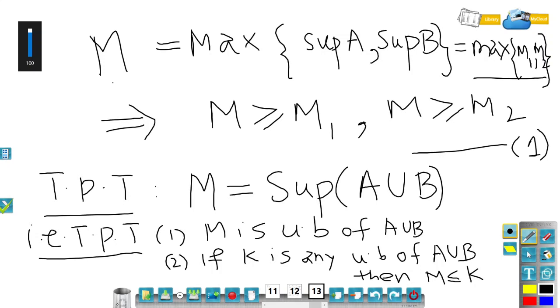So let's prove M is an upper bound of A union B. Proof.